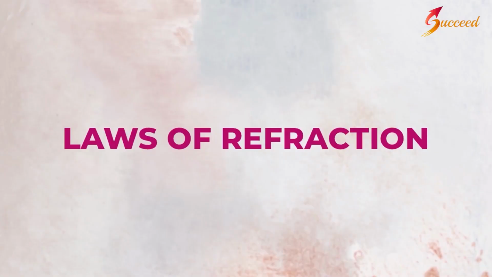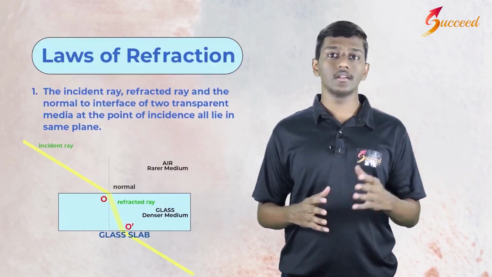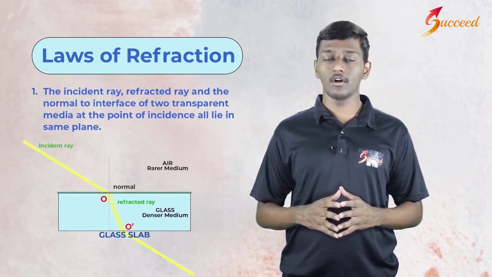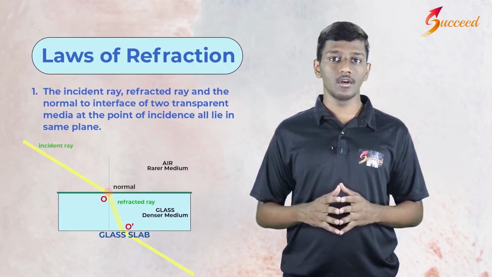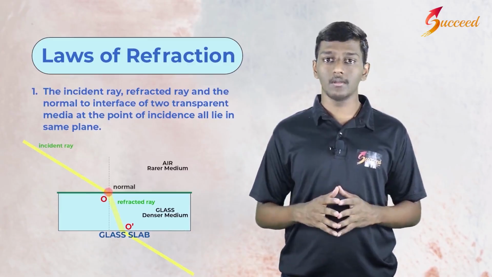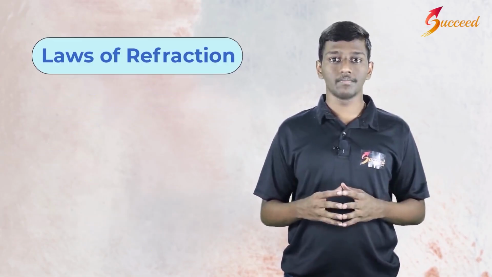Now let us move on to the laws of refraction. The incident ray, the refracted ray, and the normal to the interface of the two transparent media at the point of incidence all lie in the same plane. Now let us learn another law of refraction.